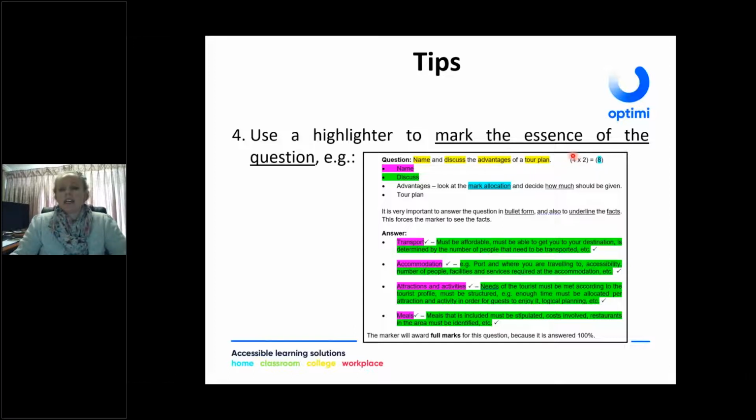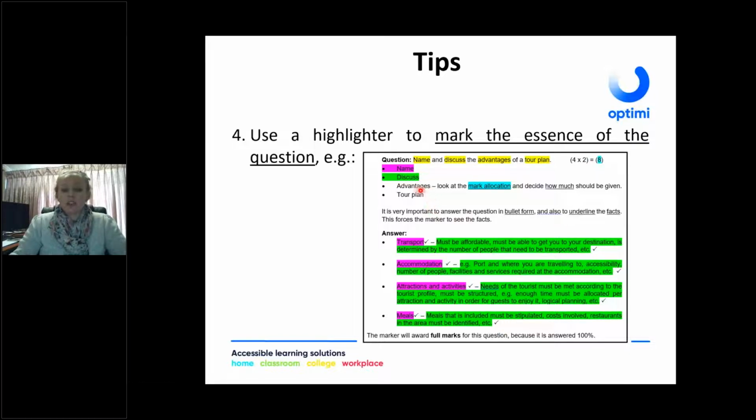So in other words, it's 4 things that you need to name and you need to discuss in order to receive the full marks. Okay, so you will see all the advantages I've highlighted for you in purple, in other words, it was named, and then the discussion is in green. In other words, each of these advantages was actually discussed, which means that you can then receive full marks for this question.